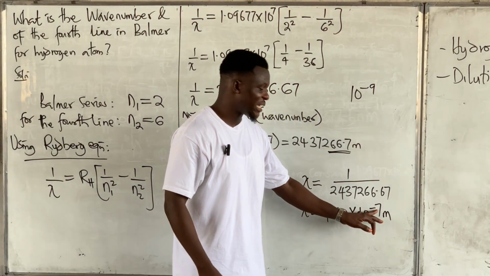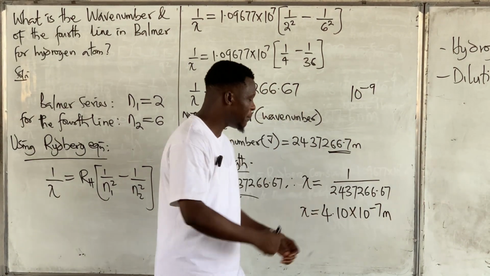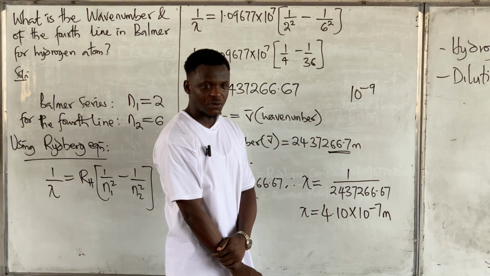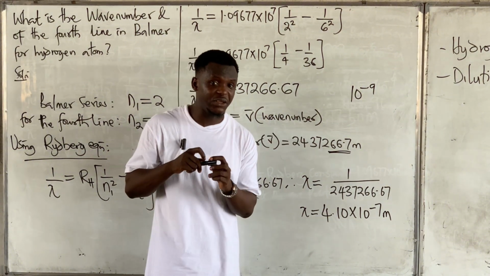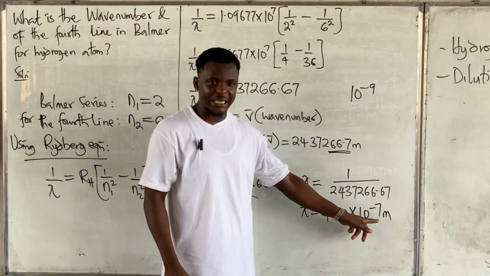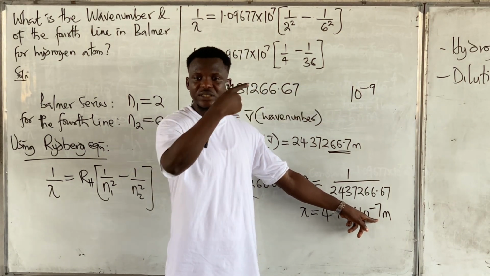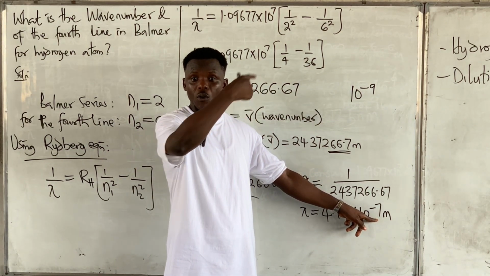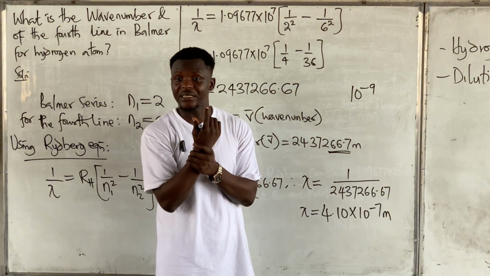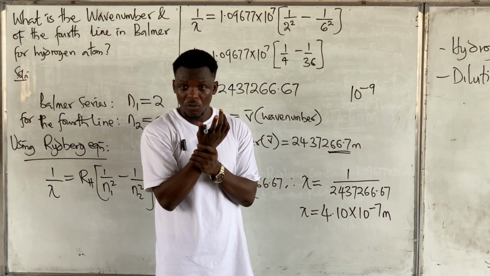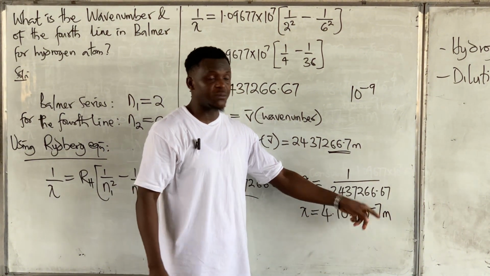What we have here is minus how many? 7. So how many decimal places forward are we going to move? 2. Class, take note of what I'm telling you. If it is -6, you have to move it 3 places forward. If it is -8, 1 place forward. -5, 4 places. -7 is 2.